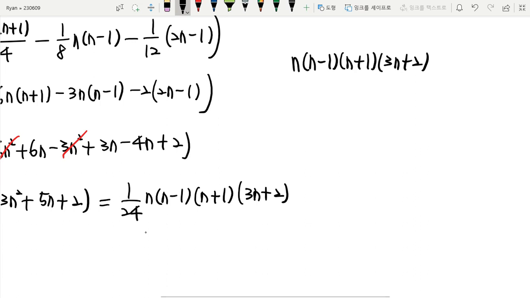Or if n is even, n minus 1 or n plus 1 should be odd. So what I want to say is at least one even number is already contained in this product. So to check a multiple of 8, because it's already a multiple of 2, we only need to check if this is a multiple of 4.